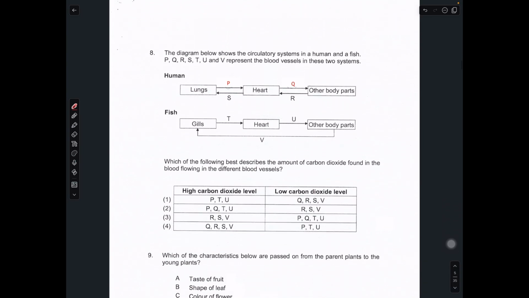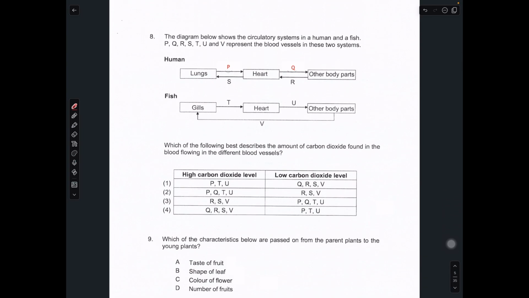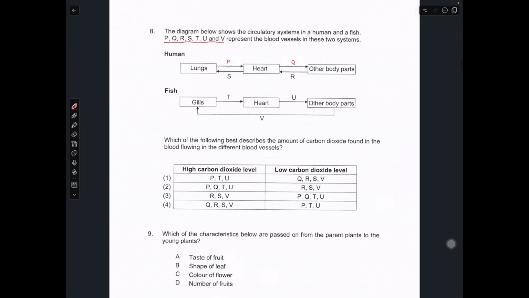Okay, the diagram below shows the circulatory systems in human and fish. There are so many letters over here, so you need to be clear which letter they are talking about. They represent the blood vessels in these two systems. Which of the following best describes the amount of carbon dioxide found in the blood flowing in different blood vessels? High, low.